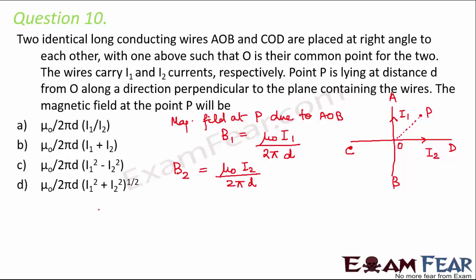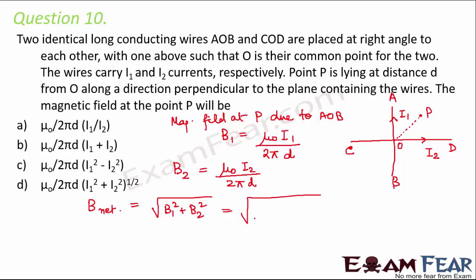Right? So what will be the net magnetic field? So if you actually look at this B1 and B2, as I said, P is a point which is perpendicular to AOB and which is also perpendicular to COD. So it is very clear and obvious that B1 and B2 will be perpendicular to each other, direction wise. So if you want to calculate B net, it will be root over B1 square plus B2 square.